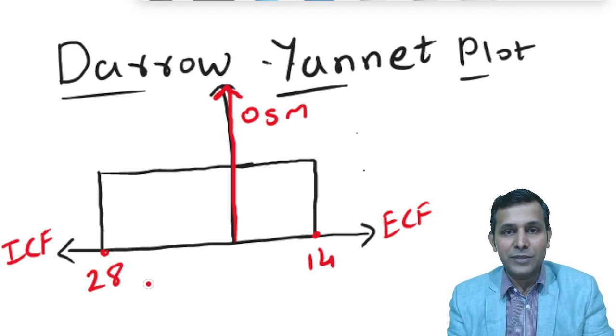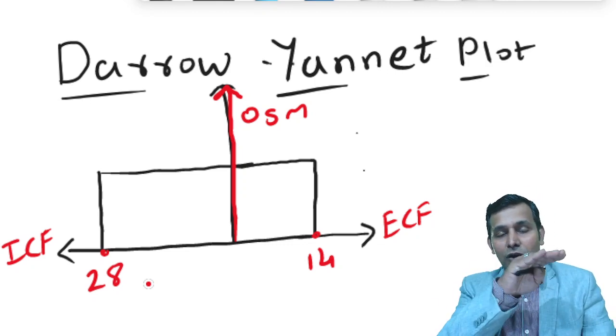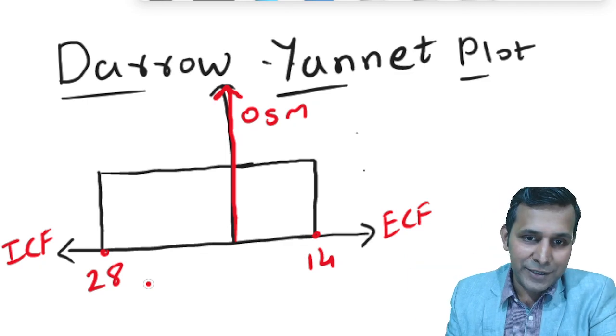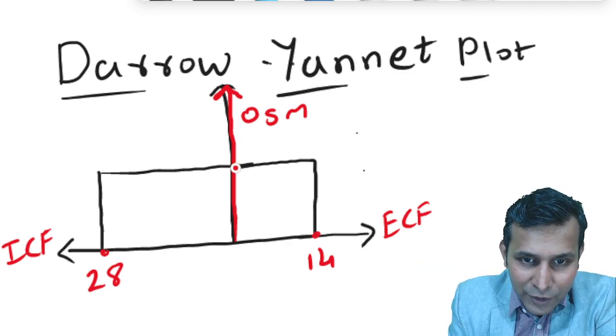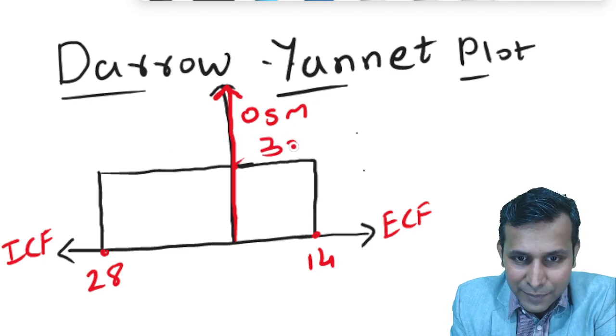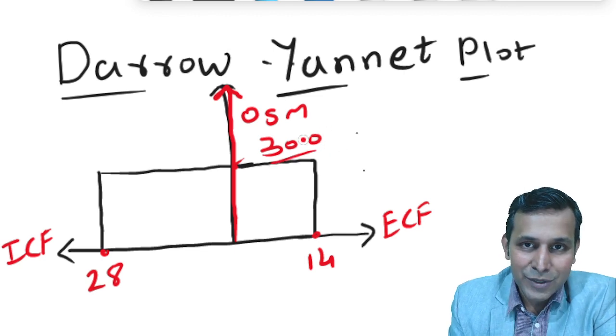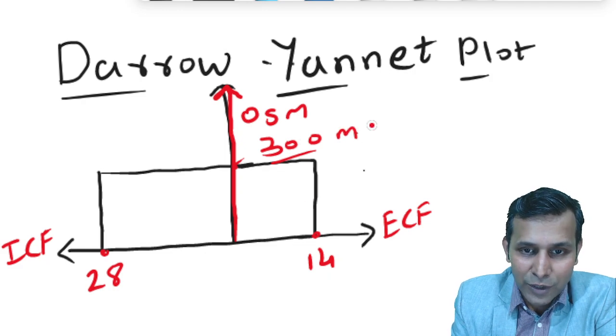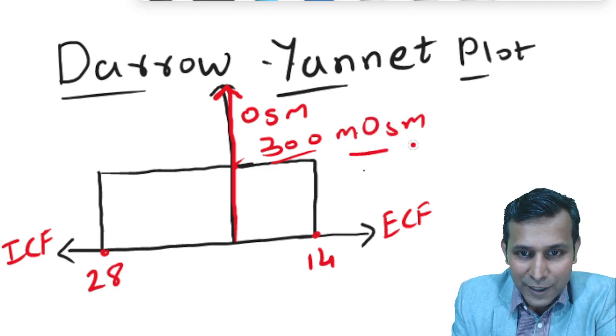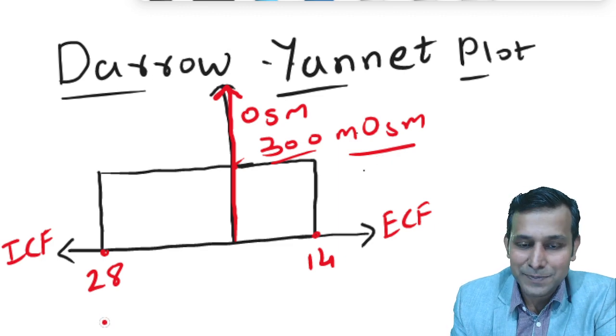So whatever the changes, at the end of the day, the osmolarity always equilibrates. As a normal condition, we will take this osmolarity as 300 milliosmoles. That's what we have discussed for osmosis. So 300 milliosmol is a normal osmolarity of the plasma, 290 to 300.